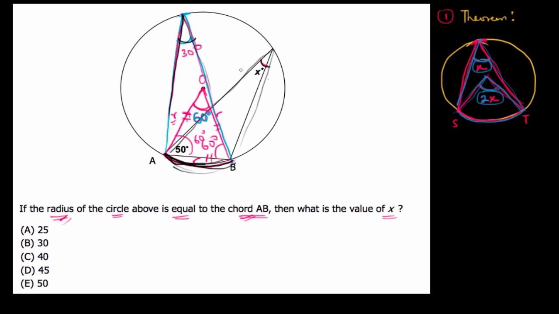So if here is 30 degrees, then definitely here also has to be 30 degrees. I explained this in one of my past videos, so if you don't understand it, you can check that out. So the solution to this problem is 30 degrees.